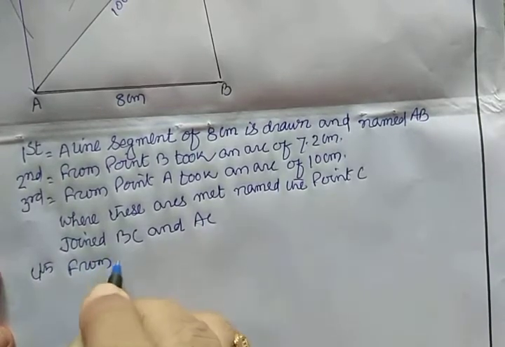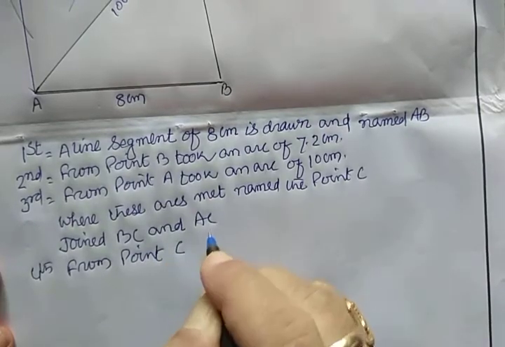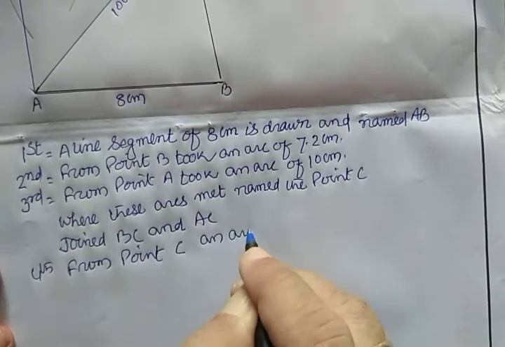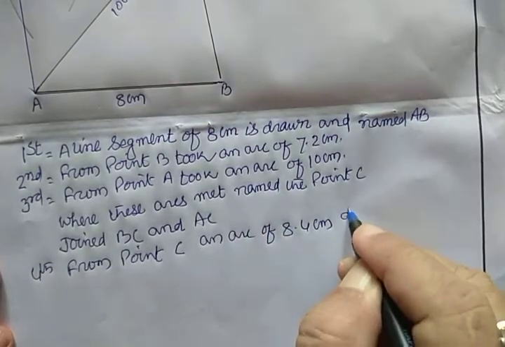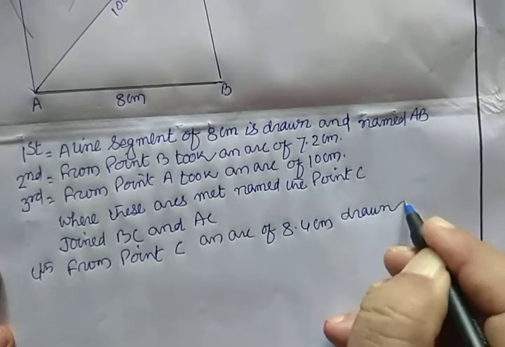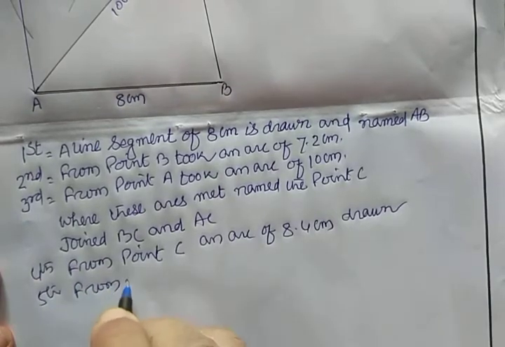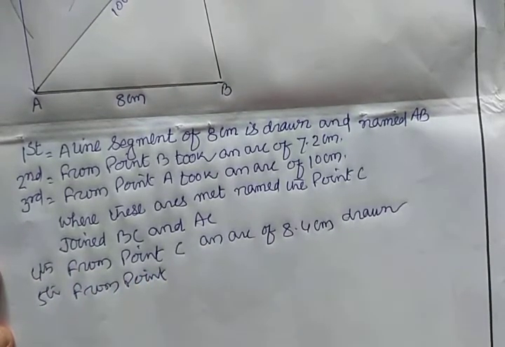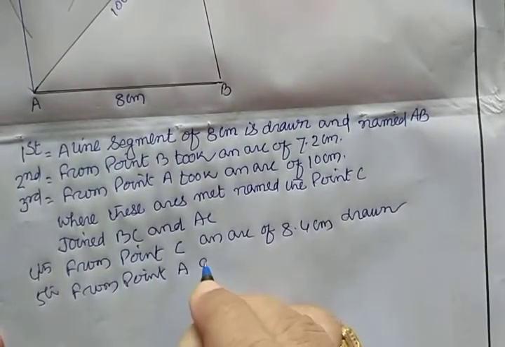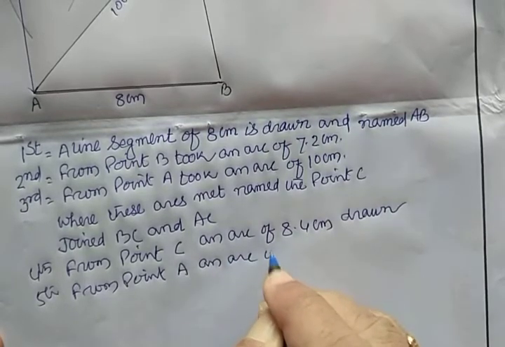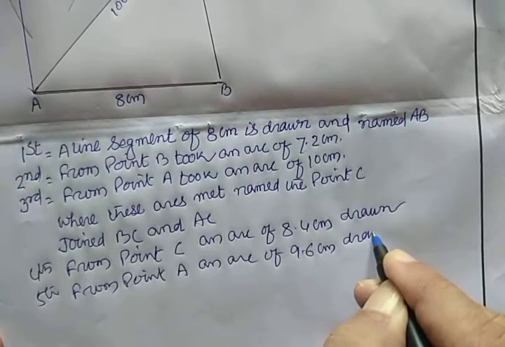Now next, from point C, an arc of 8.4 centimeters drawn. Next step, from point A, an arc of 9.6 centimeters drawn.